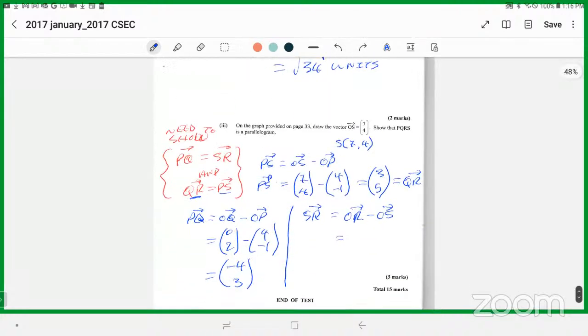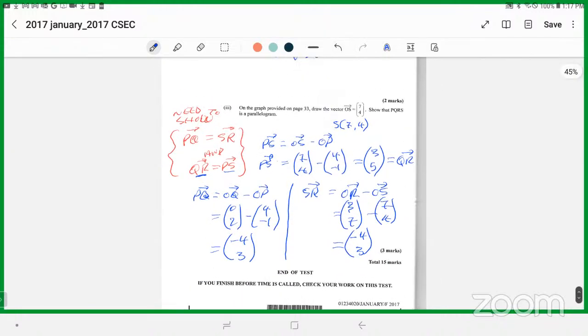So it's (3, 7) minus the OS, which is (7, 4). Working this out, 3 minus 7 is -4, and 7 minus 4 is 3. So you see, it is the same as the PQ. And therefore, we have shown this part is true already.